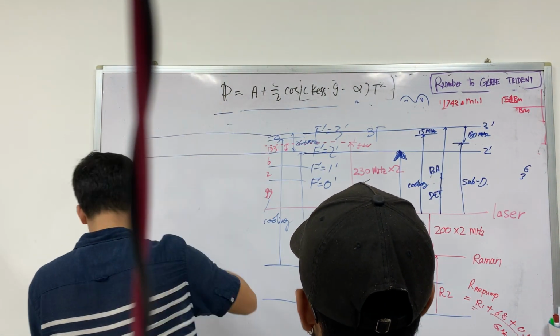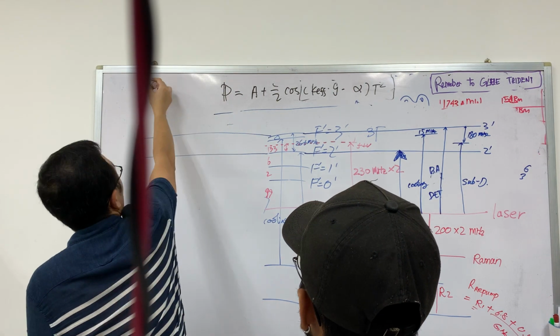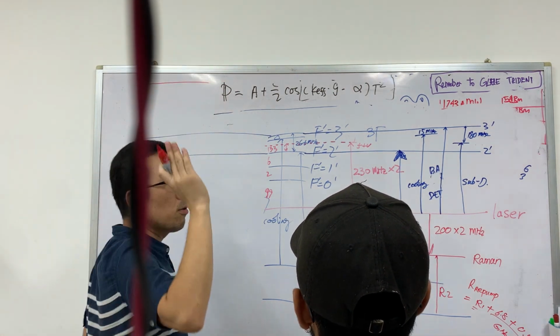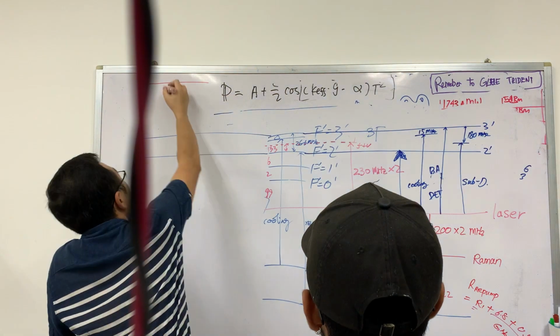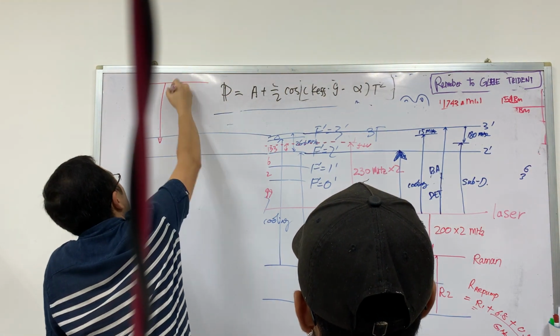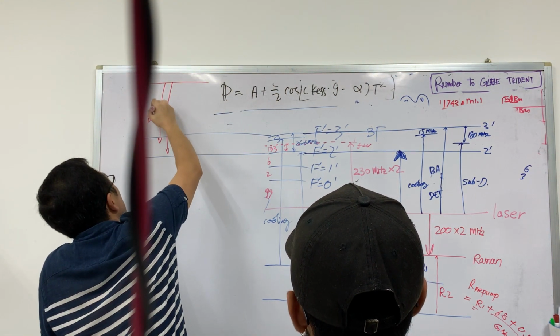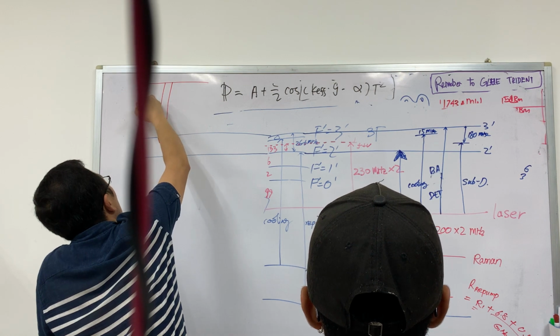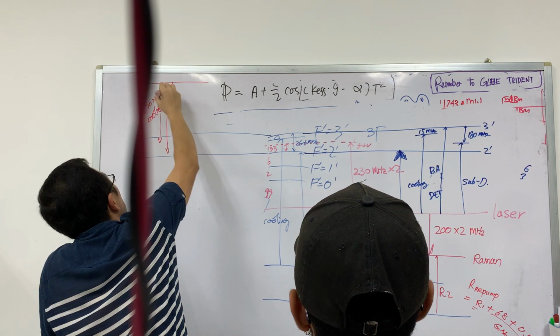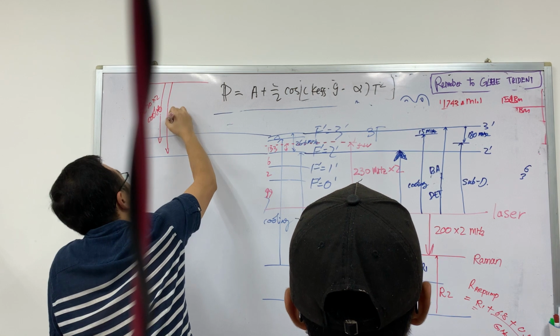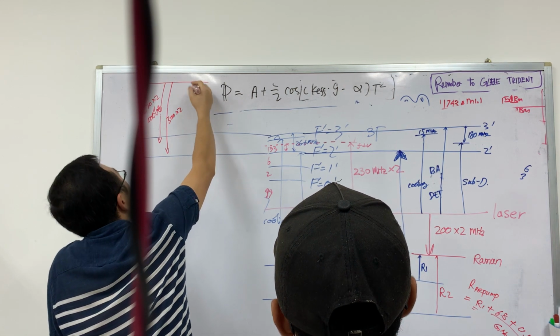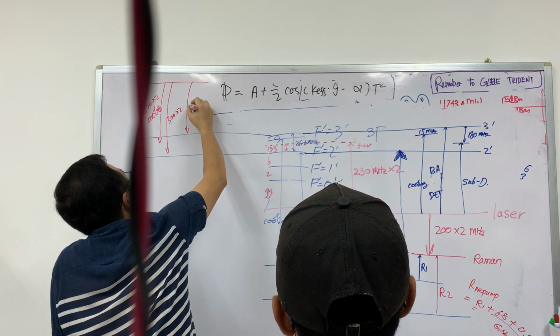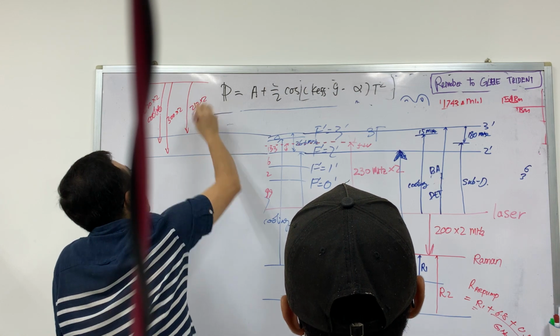We have our laser here, and you use the minus order for cooling. This is cooling, which is 220 times 2, and you have your sub-Doppler, which is 300 times 2, and you have your blow away, which is 212 times 2.